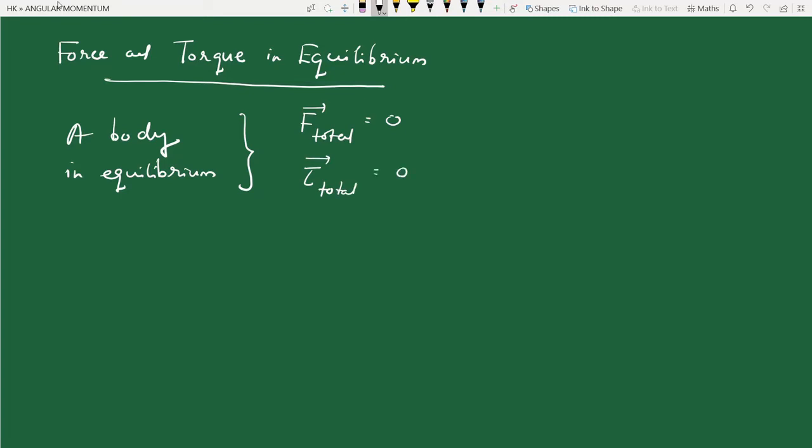So this is the condition for equilibrium. The total force should be 0 and the total torque must be 0.